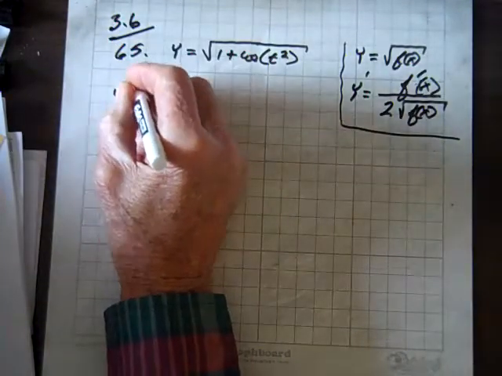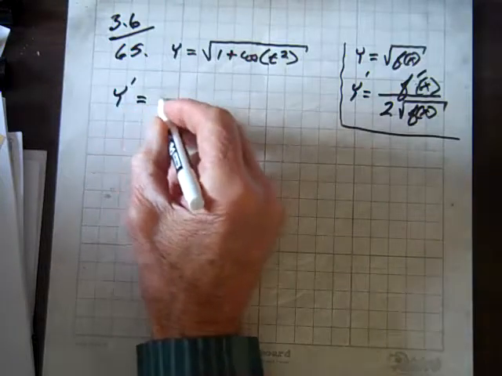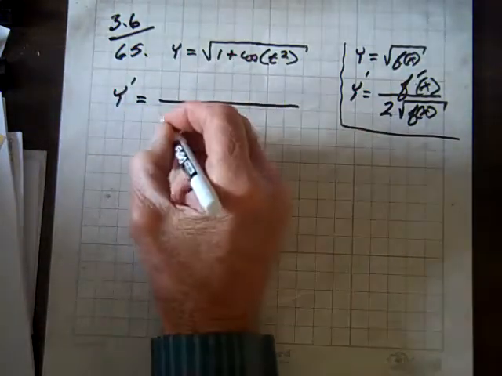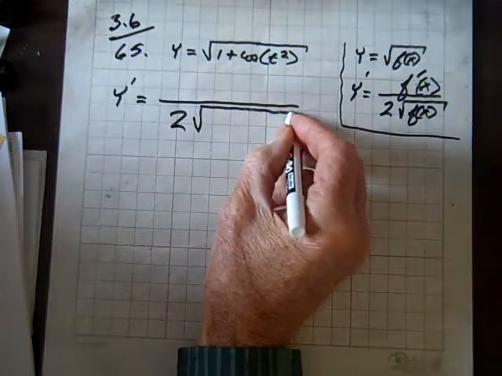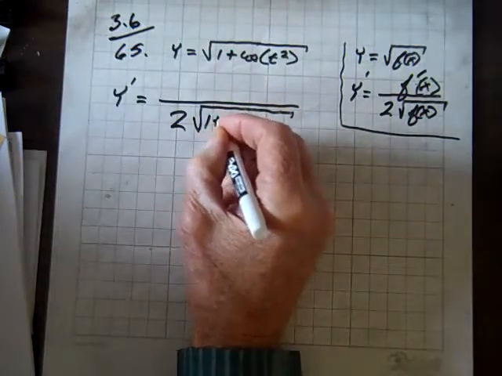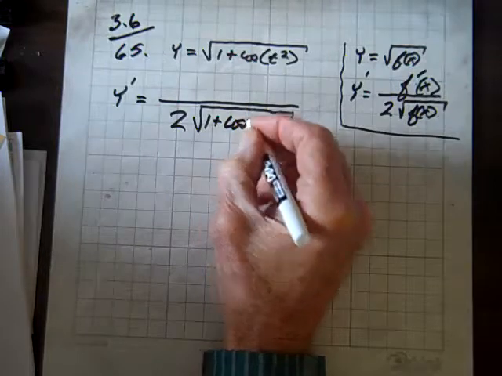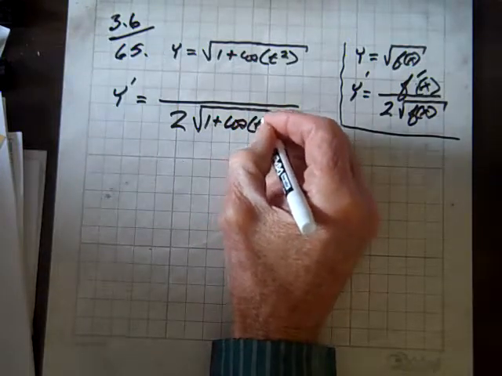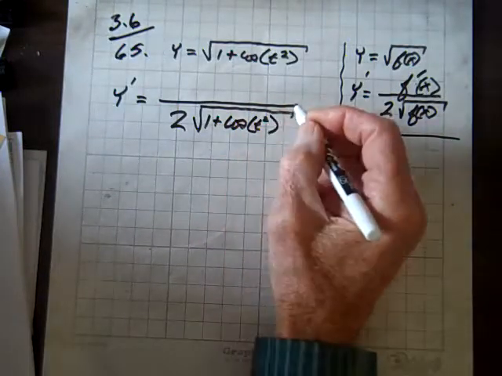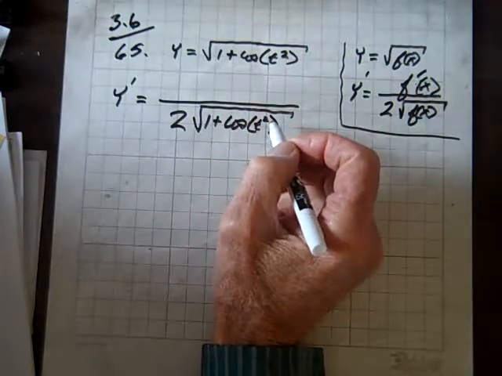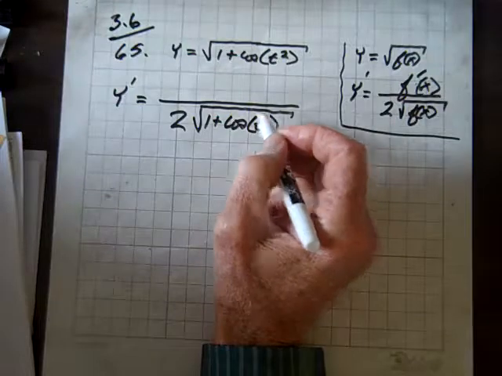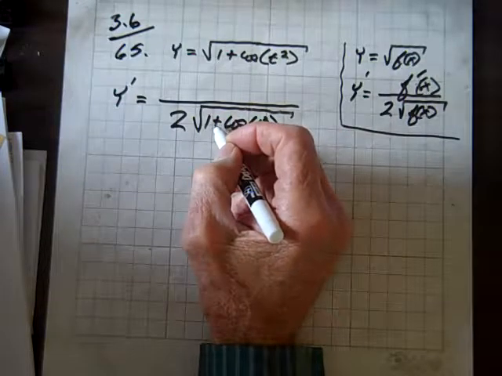So y prime equals, and we know this, we're going to have a 2 and the square root of 1 plus cosine of t squared. And then we're going to take the derivative by the chain rule of 1 plus cosine of t squared. Well, the derivative of 1 is 0.